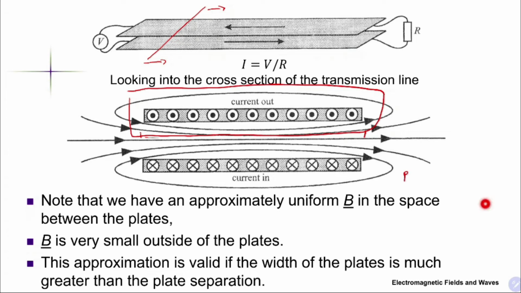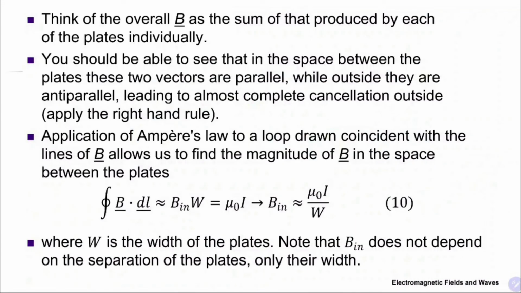Therefore my integral of B dot dl is approximately equal to B inside the plates times the width of the plate, and that has to equal mu naught times the current I flowing on the plate. Therefore we work out that the magnetic flux density inside the plates is approximately mu naught I over W. So that is for the parallel plate, applying Ampere's law to find the magnetic flux density.